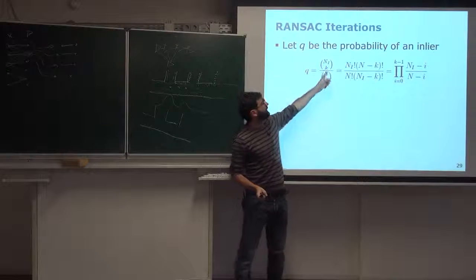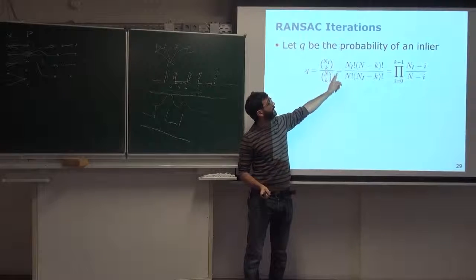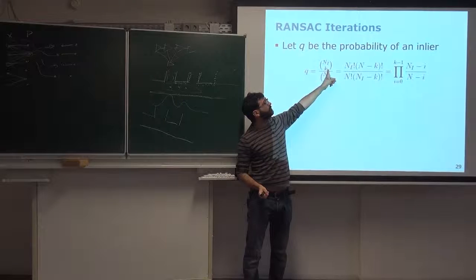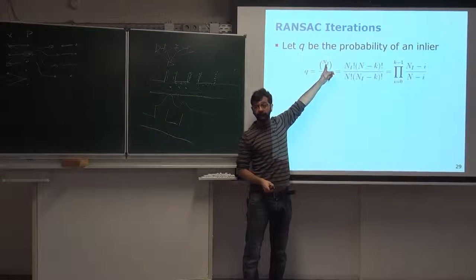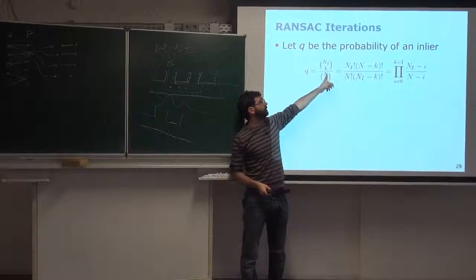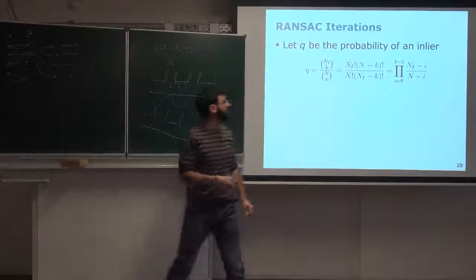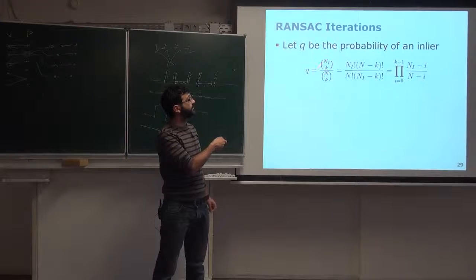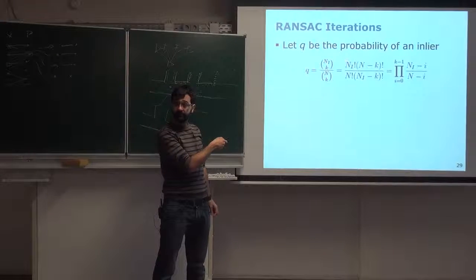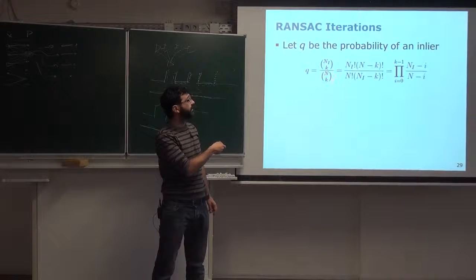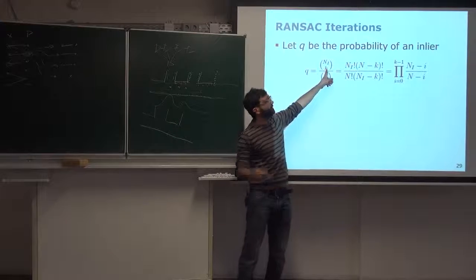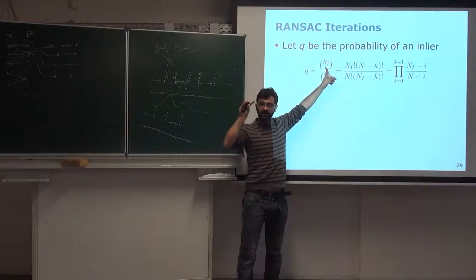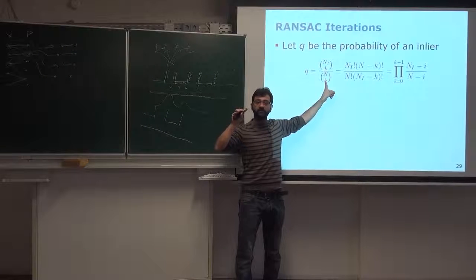This will be then the number of inliers choose k, and k is the minimal sample set, out of the number of inliers, okay? And then we have k out of the number of all potential points. This basically is the ratio of the minimal sample sets which are composed only of inliers, okay? And this is any possible combination of k elements out of n, okay? So this is the number of outlier-free minimal sample sets. This is the number of minimal sample sets, okay?